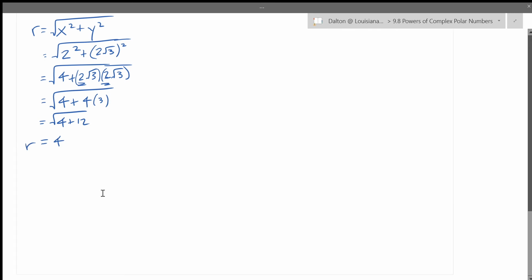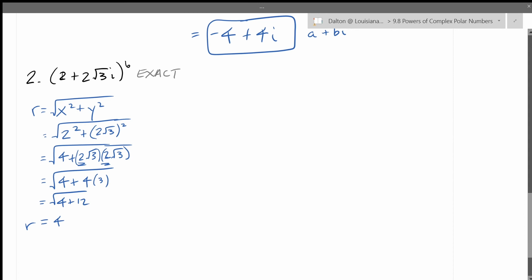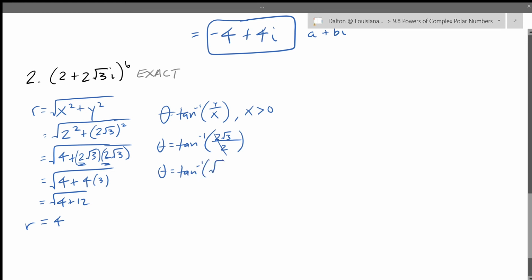To find theta, x is greater than 0, so we know that theta is going to equal tangent inverse of y over x, because x is greater than 0. So then theta is going to equal tangent inverse of y is 2√3 over x is 2. So then 2 over 2 is 1, and then we get theta is equal to tangent inverse of √3.